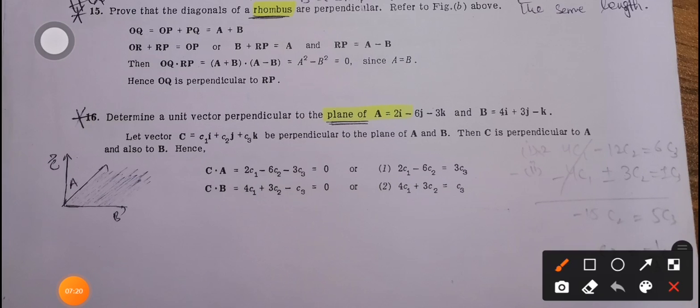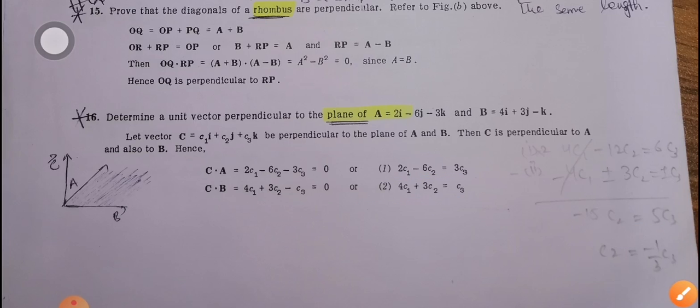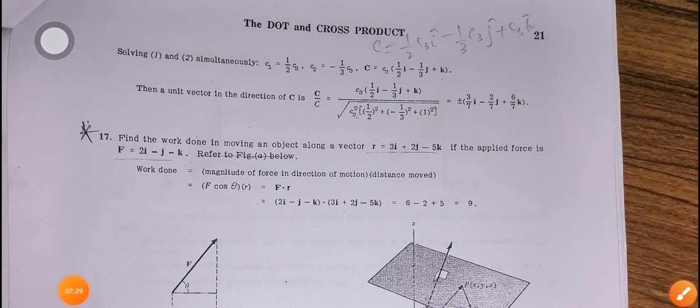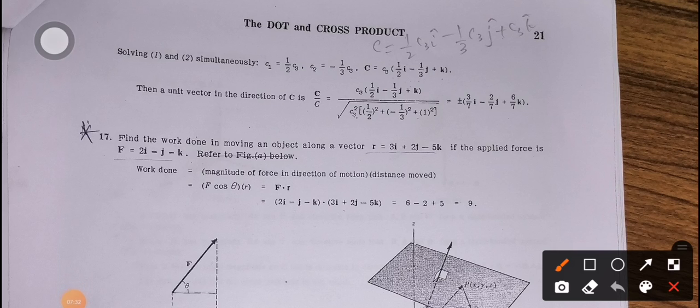Now inserting this value of C2 in equation 1 or 2, we can easily find the value of C1, which is also in terms of C3. So here we have evaluated C1 and C2 in terms of C3. So inserting the values in the vector C, we get C3 times 1 by 2 i cap, minus 1 by 3 j cap, plus k cap.